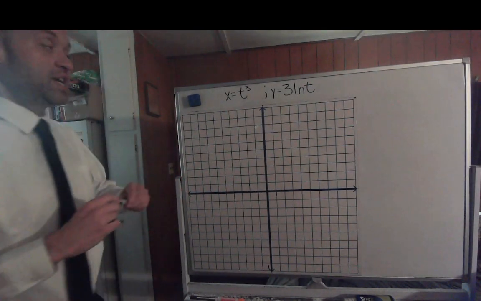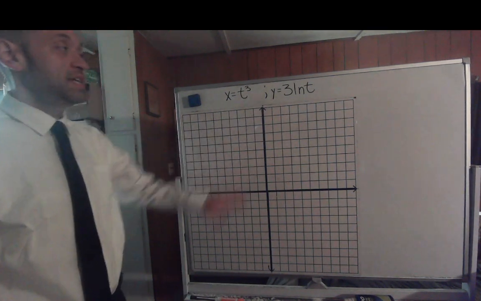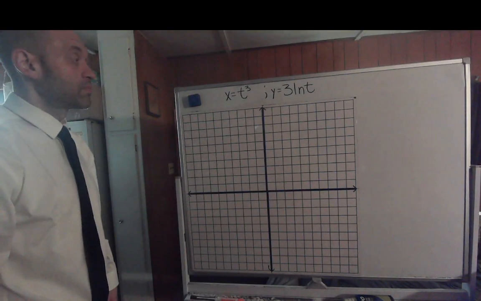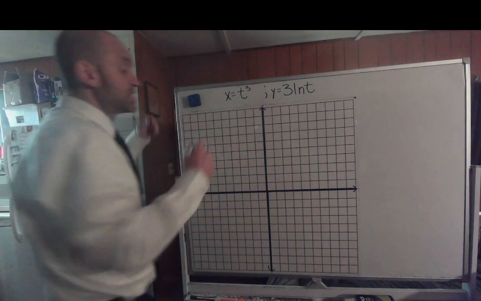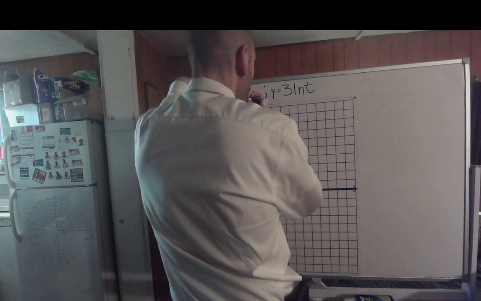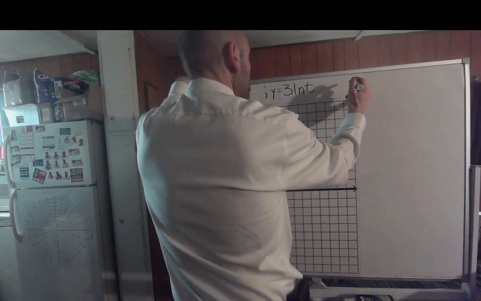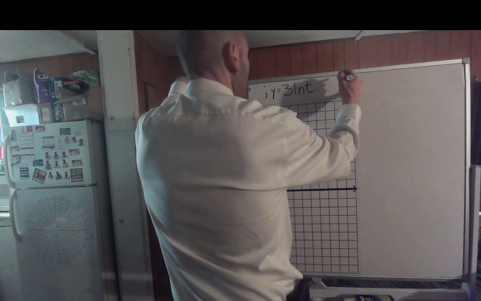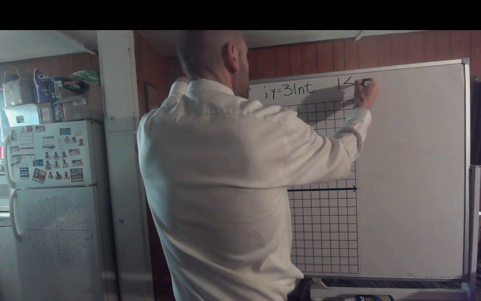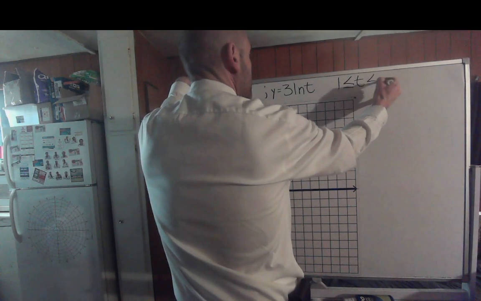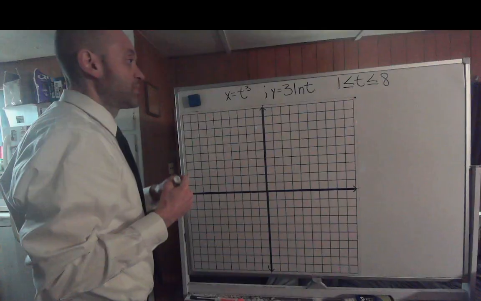So we've really changed it. x equals t to the third, y equals 3 ln of t, where let's see, we'll take 1 is less than or equal to t, which is less than or equal to 8. We'll go from 1 to 8 for t.